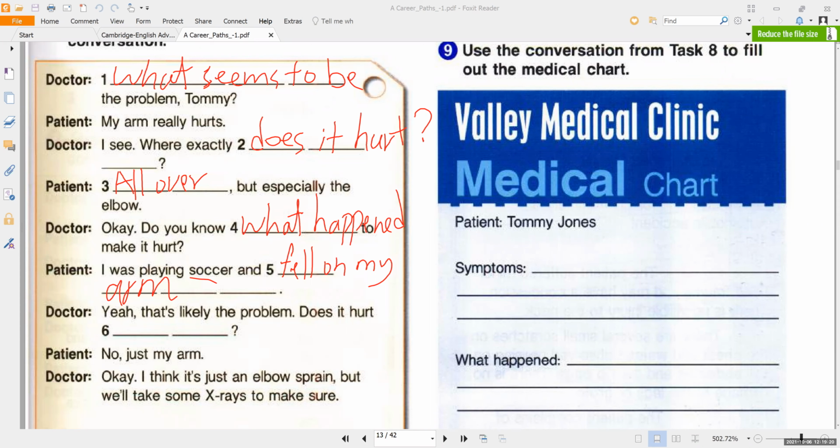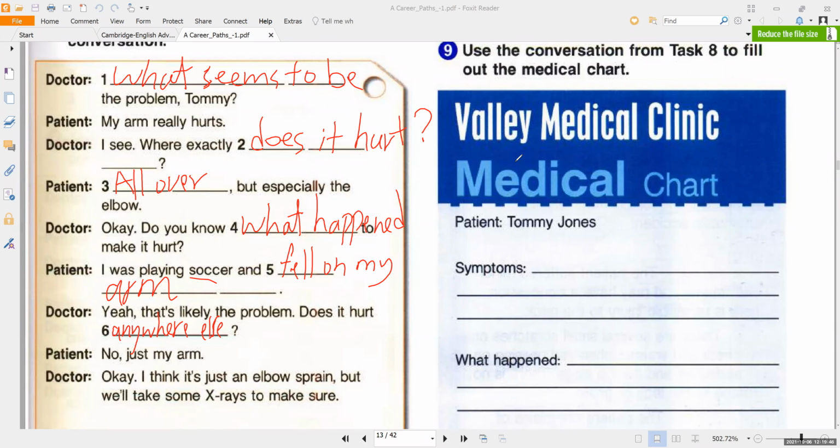Does it hurt anywhere else? No, just my arm. Okay, I think it's just an elbow sprain, but we'll take some x-rays to make sure. That's likely the problem. Does it hurt anywhere else? Anywhere else? Okay, so that's the conversation between the doctor, the patient, the doctor and Tommy.